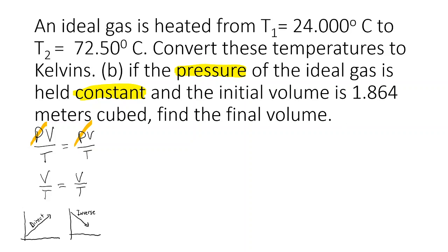So I got two multiple choice questions I'd like to see if you could answer before I complete this video. Is the question we are working here working on Charles' law, Boyle's law, or Gay-Lussac's law? Okay, and is this a direct variation or an inverse variation?